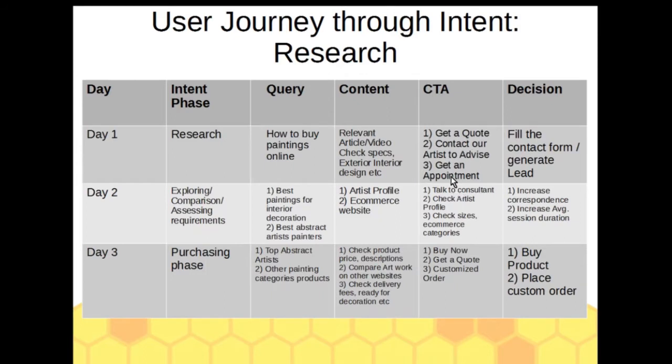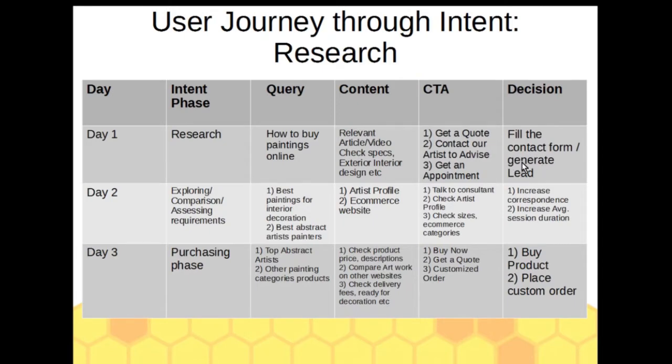Even though the small contact form works better, they look at this. Most of the time, if the user is interested, they're going to be filling that form. So in the decision phase, most probably they're going to fill out the form and you will generate a lead.